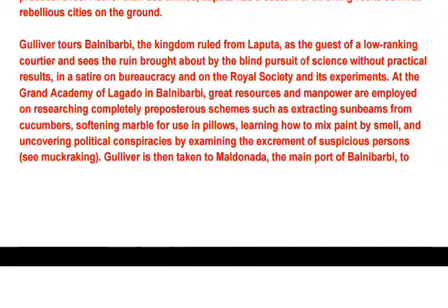Gulliver tours Balnibarbi, the kingdom ruled from Laputa, as the guest of a low-ranking courtier, and sees the ruin brought about by the blind pursuit of science without practical results.